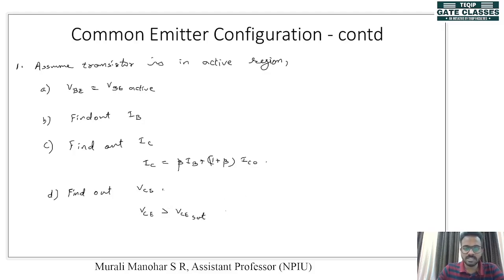If that is the case, then the transistor is in active region. Otherwise, if VCE is less than VCE SAT, the transistor is in saturation region. Since we have assumed that the transistor is in active region, this will be the case.